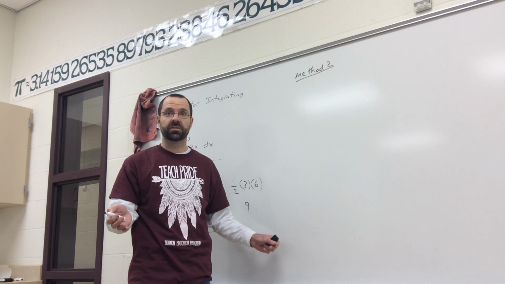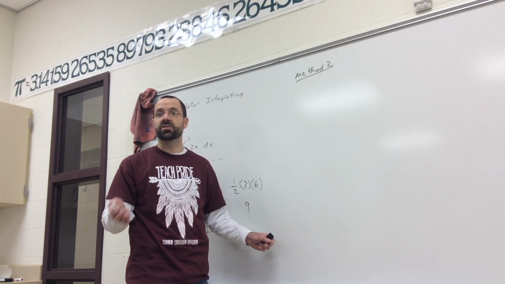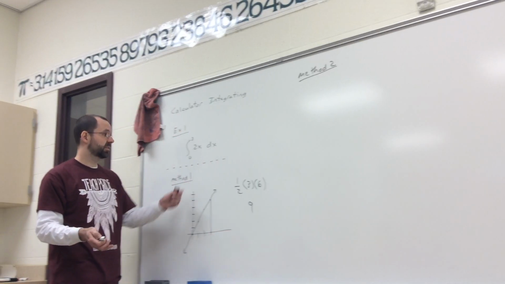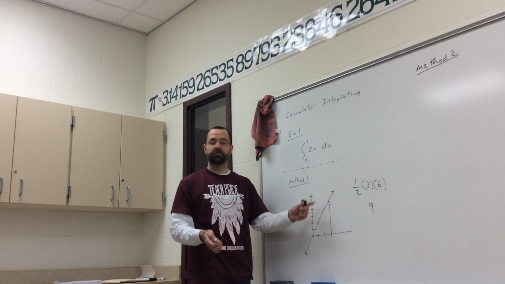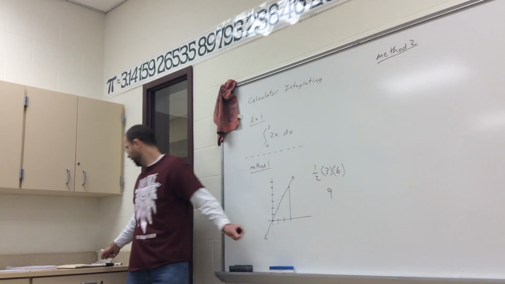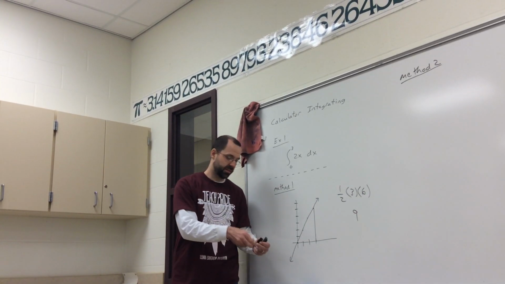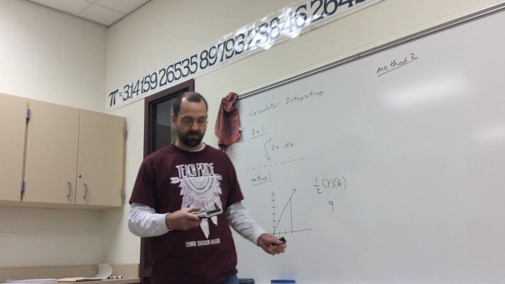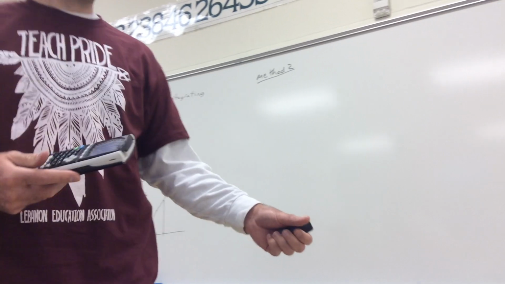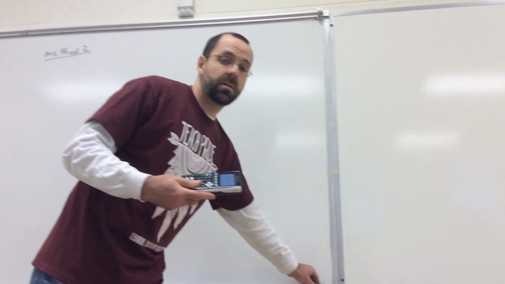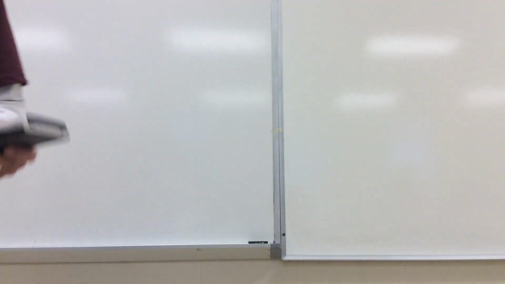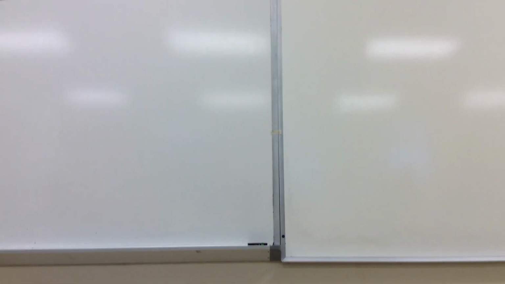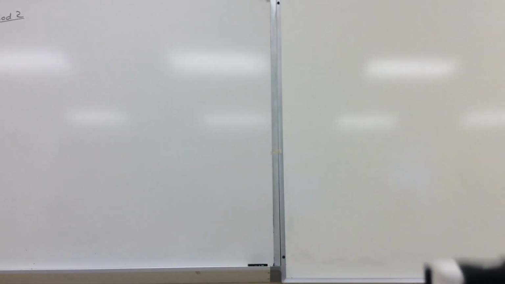Well, same thing with integrals. By the way, there's a calculator button that can calculate this. Okay, so I'm going to show you that. Some of you have probably seen it already. So what you do is you press Math 9.